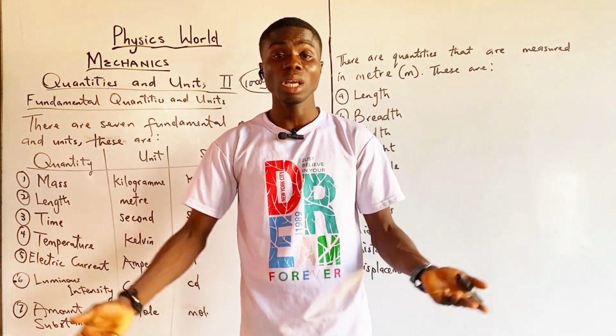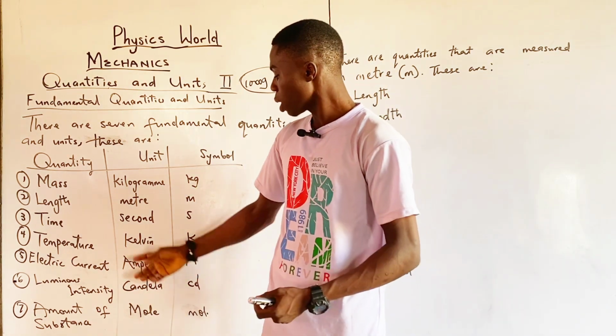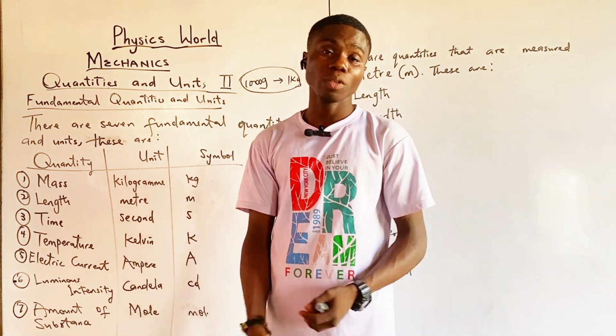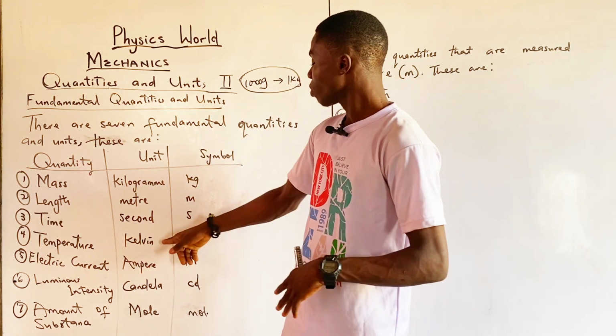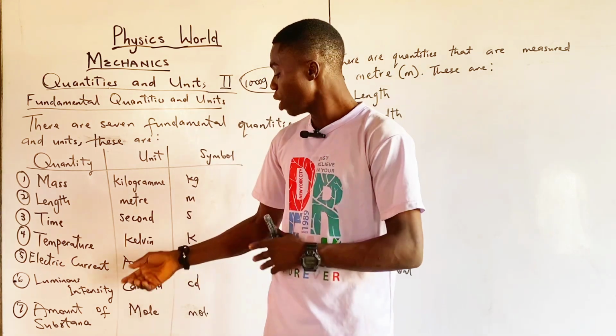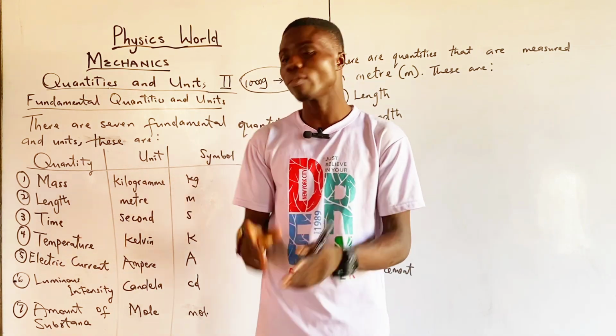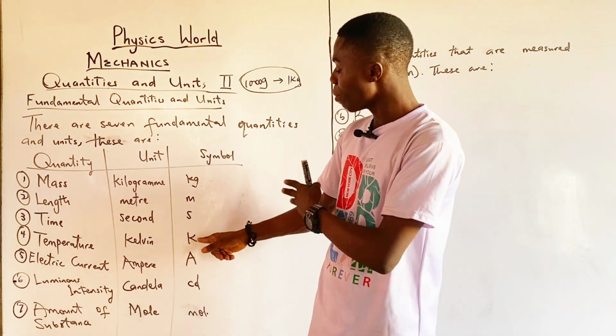We have many types of thermometer which we use to measure the temperature of an object. It is measured in Kelvin. If they give you degrees Celsius, you have to convert it back to Kelvin before you can use it, and it is denoted by K.